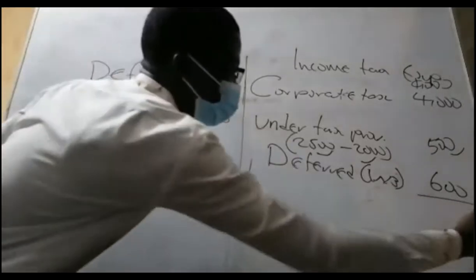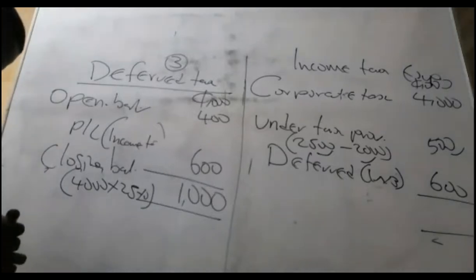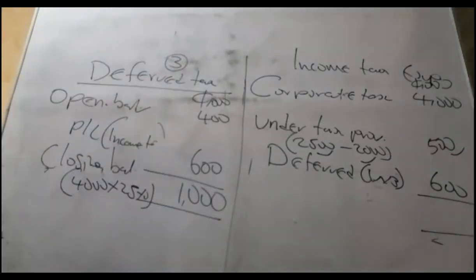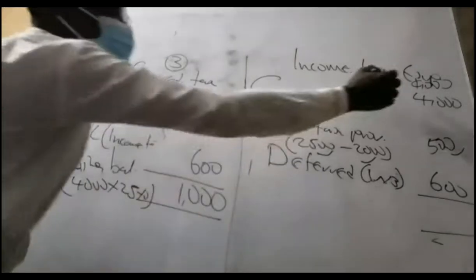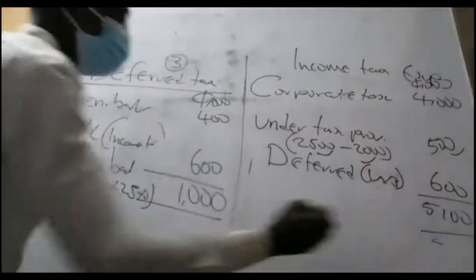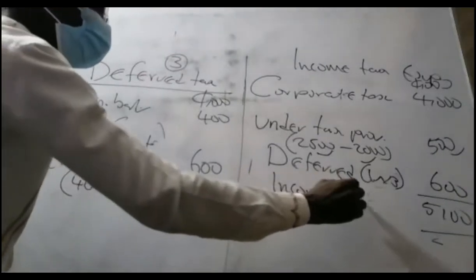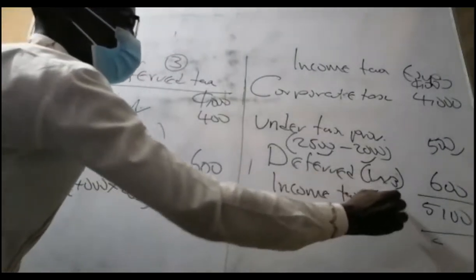We are done. Now what level is the extract? Now, let's see. First of all, we sum all this up. That will give us 5,100. So that will go to the income tax expense.